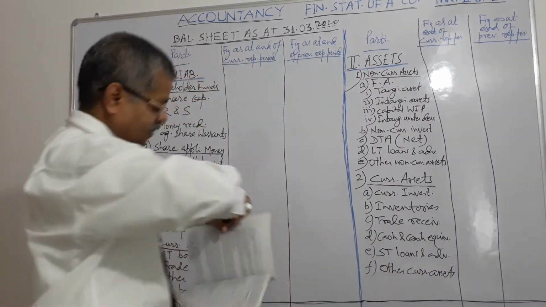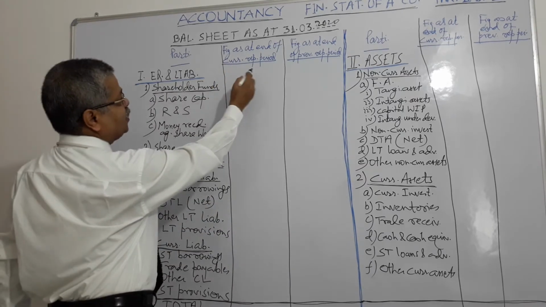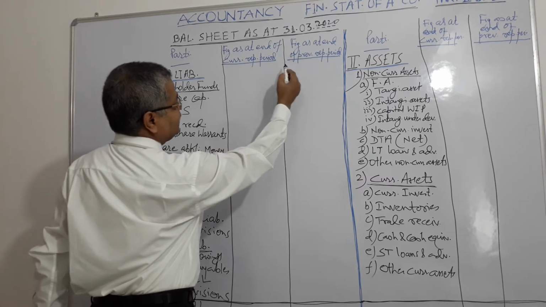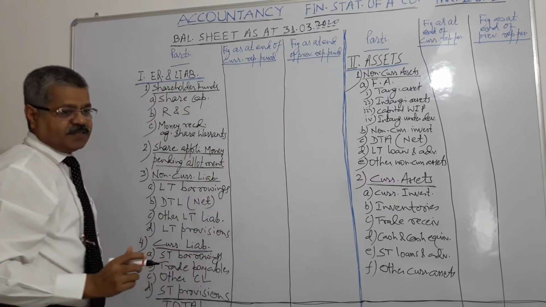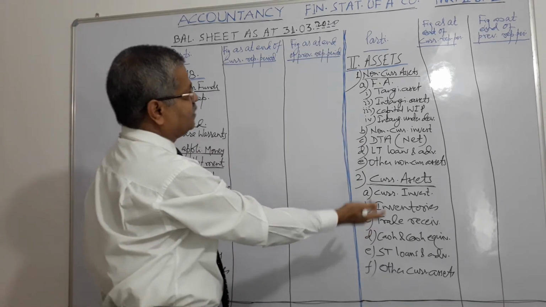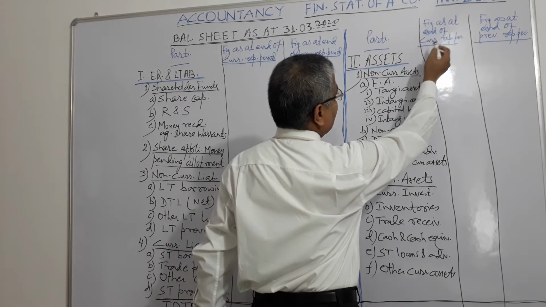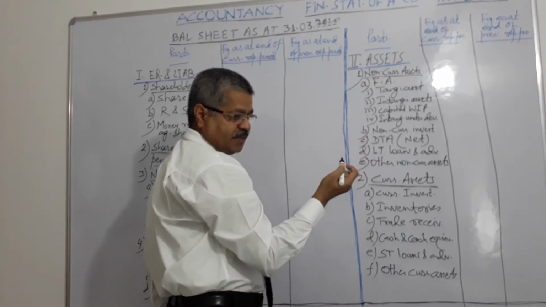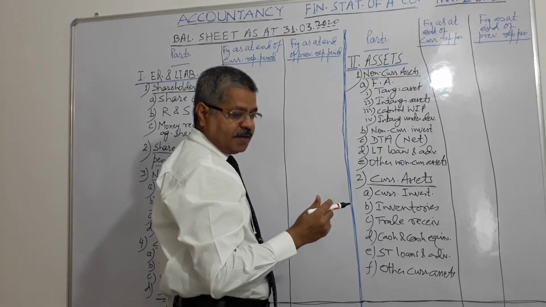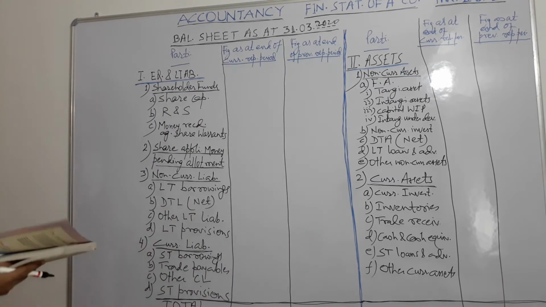If it is 31/3/2020, then figure as at the end of current period means 31/3/2020. Figure as at the end of previous reporting period is 31/3/2019. Same way for asset side, particulars. Then next column is figure as at the end of current reporting period 31/3/2020. Figure as at the end of previous reporting period 31/3/2019.